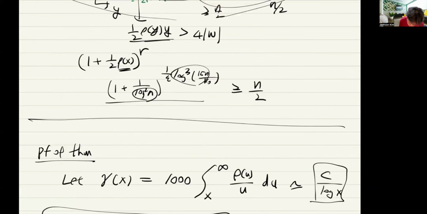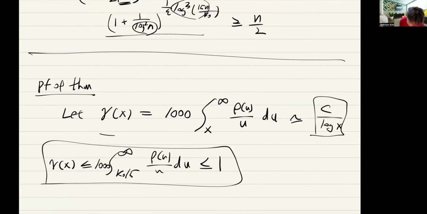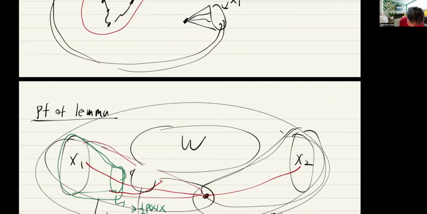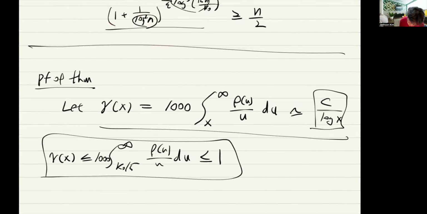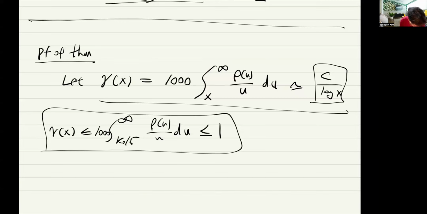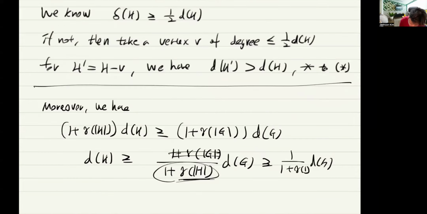And how did we choose this? You actually choose epsilon so small that you can check that this is small.